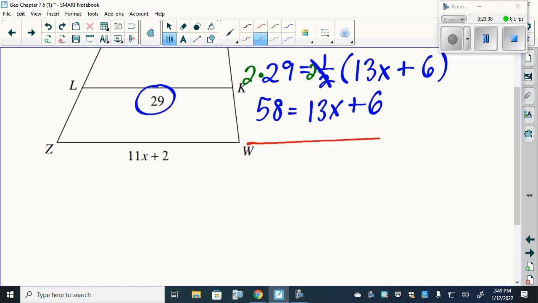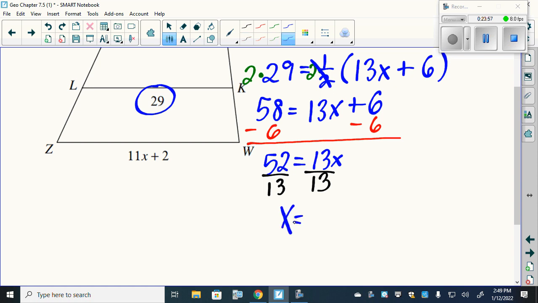What can we do next? 52 is equal to 13x, divide 52 by 13. X is equal to? I don't have a calculator.